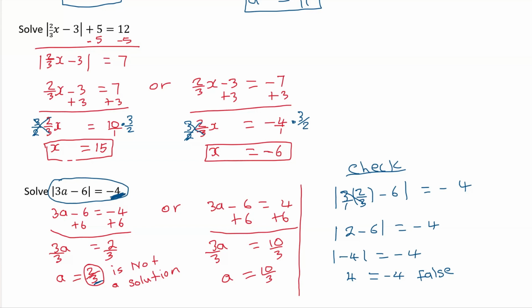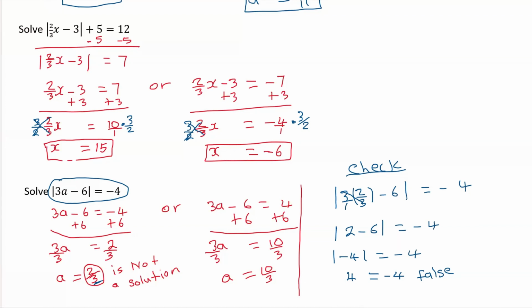It's impossible, regardless of a, because if you substitute any value for a, you're going to get a number. So when you take the absolute value of that number, it's impossible for it to equal a negative number, right? So you cannot take the absolute value of something to get a negative result.